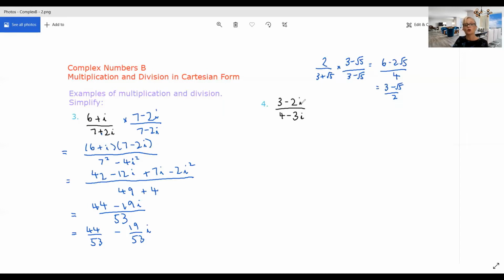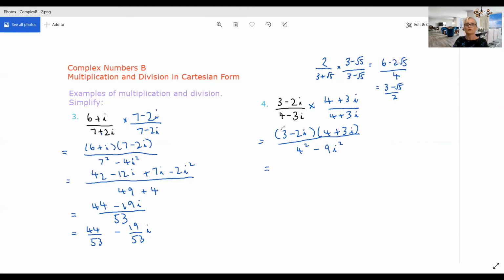Okay, what would our conjugate complex number be here? Well, same thing that we did with our previous one. We're going to rig it so that with difference of 2 squares expansion, we're no longer going to have an imaginary part in our denominator. So let's do this. So this will be 4 squared minus 9i squared.